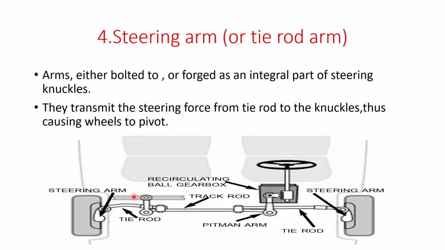You can see that the steering arm is present here. This steering arm transmits the steering force from the tie rod to the knuckles. That is, the steering arm is fitted in between the steering knuckle and tie rod.